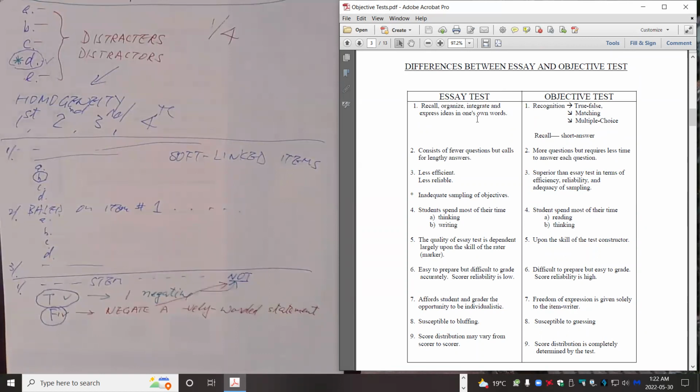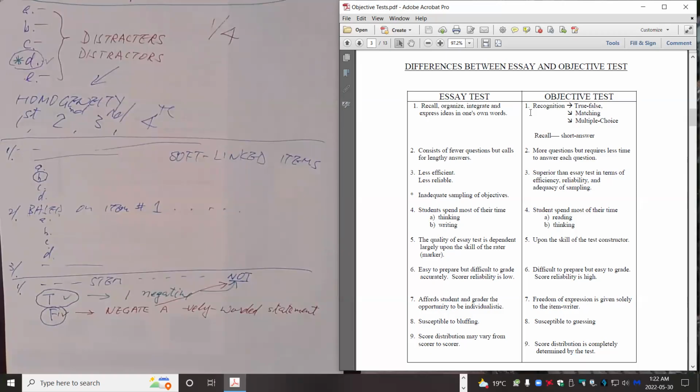So only an essay test could do this, or a term paper or a thesis. Because what? They are long, right? They're long.